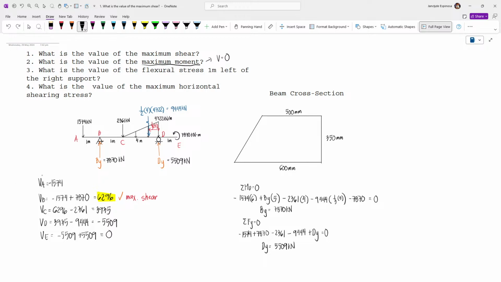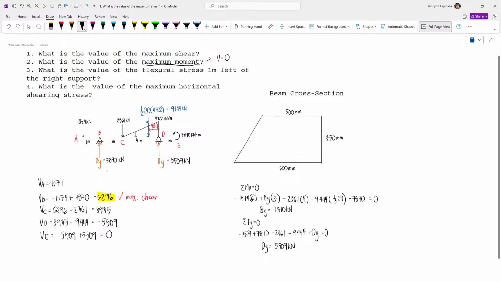Now, kabaman ta sa, ang shear at A is 1574. And then, since we have no distributed load right here, wala rin mausab sa equation. So, meaning, dili gud mo occur ang 0 shear diri nga point sa A to B. That's always 1574 up to point B.